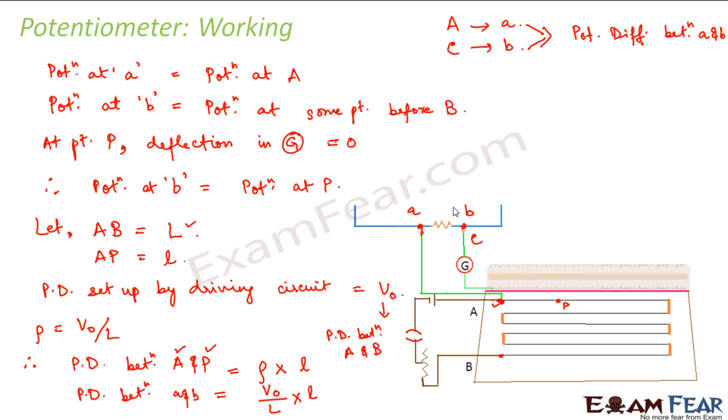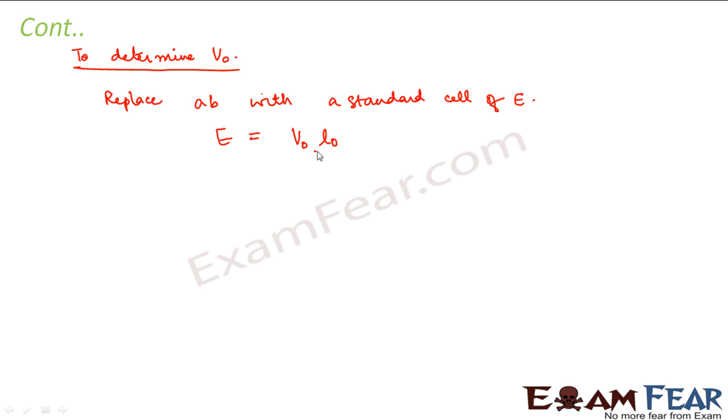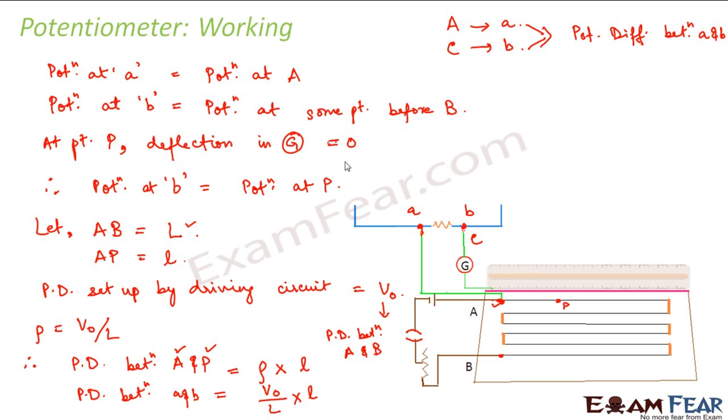So in that case, what will happen? If we replace AB with a standard cell of EMF E, we can say that E will be equal to V naught L naught divided by L. How did I write that? Using this expression.